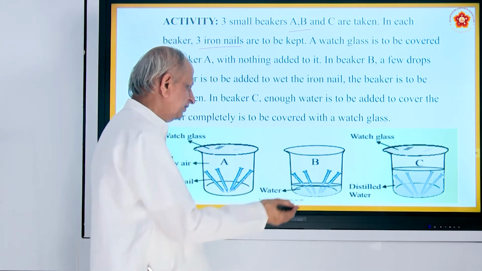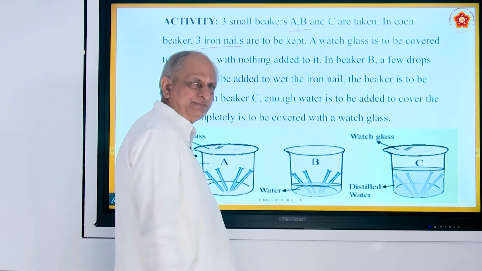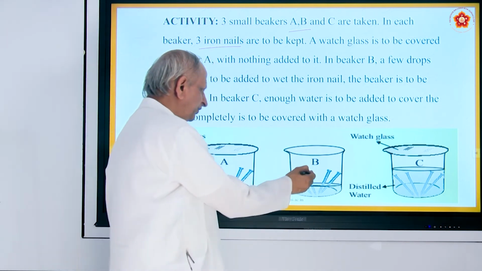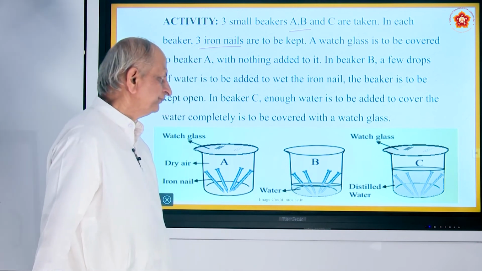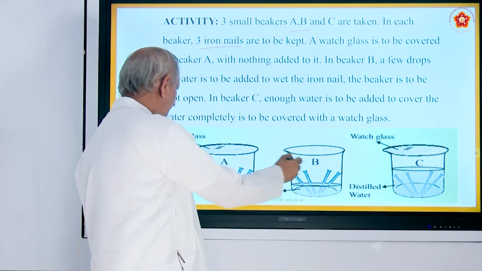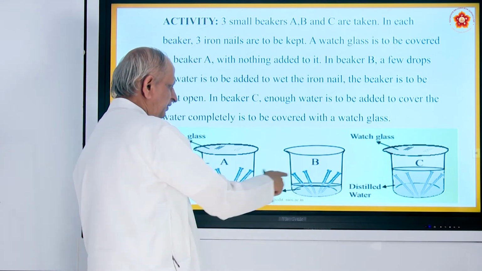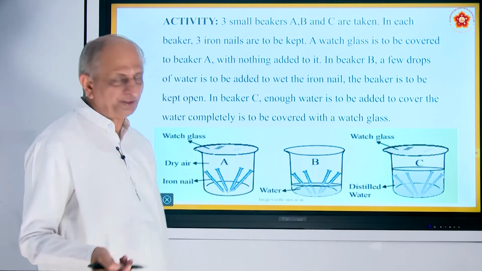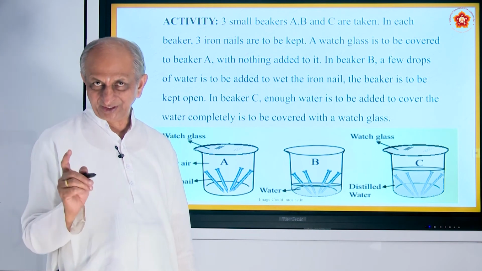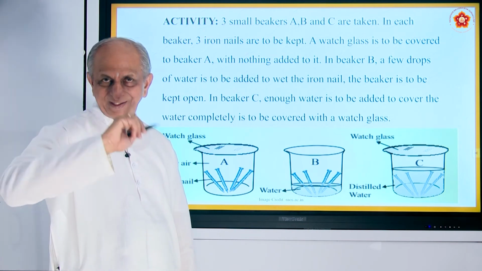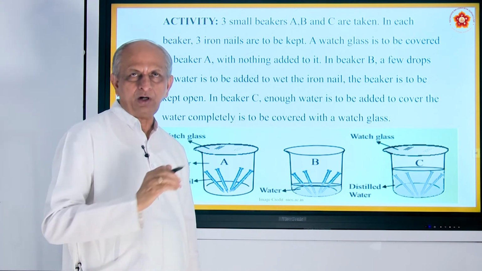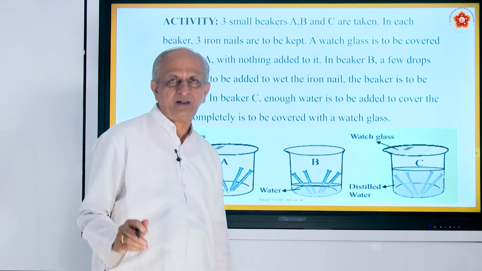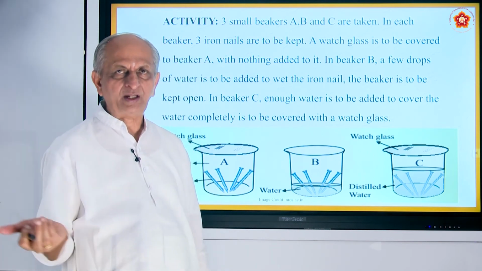Moist air means what? Air filled with water. Here there is water also, air also, and that is why it gets rusted. Then you can think, what is the solution for this? Solution is painting, or cleaning with sandpaper, or putting some oil and all that.